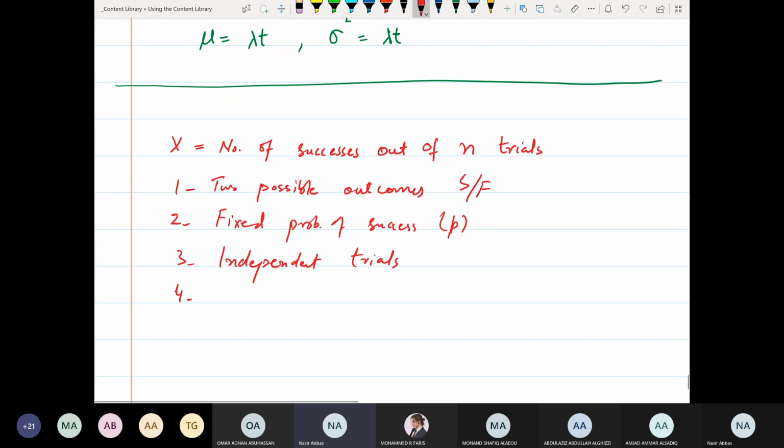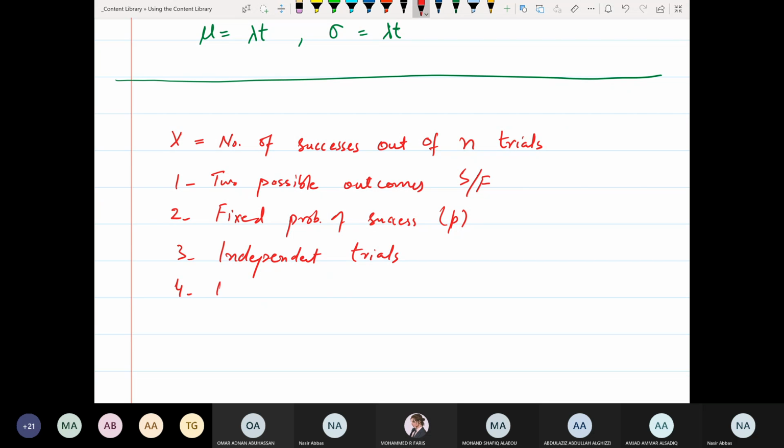Number 4, experiment repeated a fixed number of times, n times.